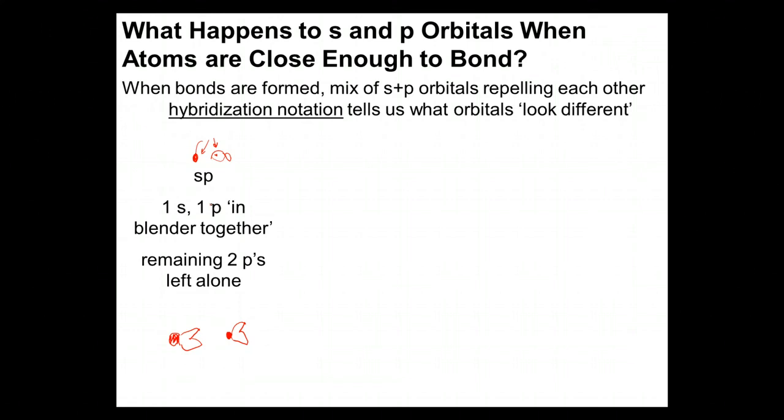The other two p orbitals are going to be totally left alone. And so if we were to actually stop talking about fishes and cherries, we're going to have one of these mixed portions. So we'll have one of these s and p combinations here. We'll have one of these s and p combinations over here. We'll have our p orbital. Notice that there's a total of 2 electrons in it.